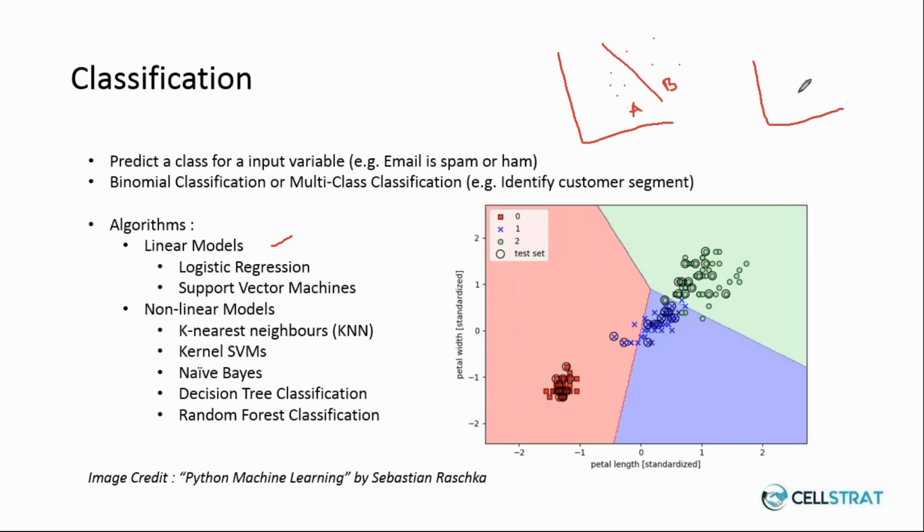However, there could be some kind of data which is all mixed up. There are two classes of data samples, crosses and dots, but there is no straight line which will satisfy as a classifier.